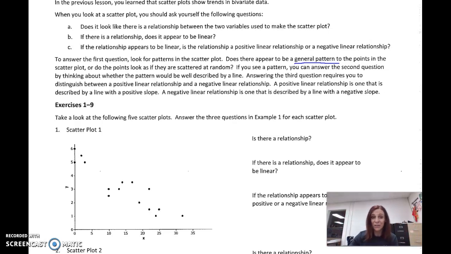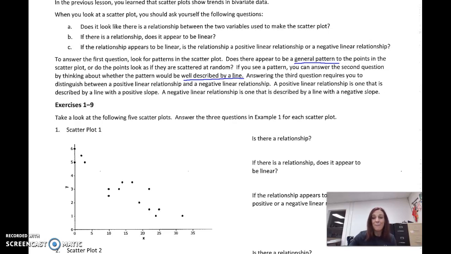Now, if you see a pattern, do you think it would be well described by a line? Meaning, can we draw a line that is not the same distance from all the points, but seems to fit the points?